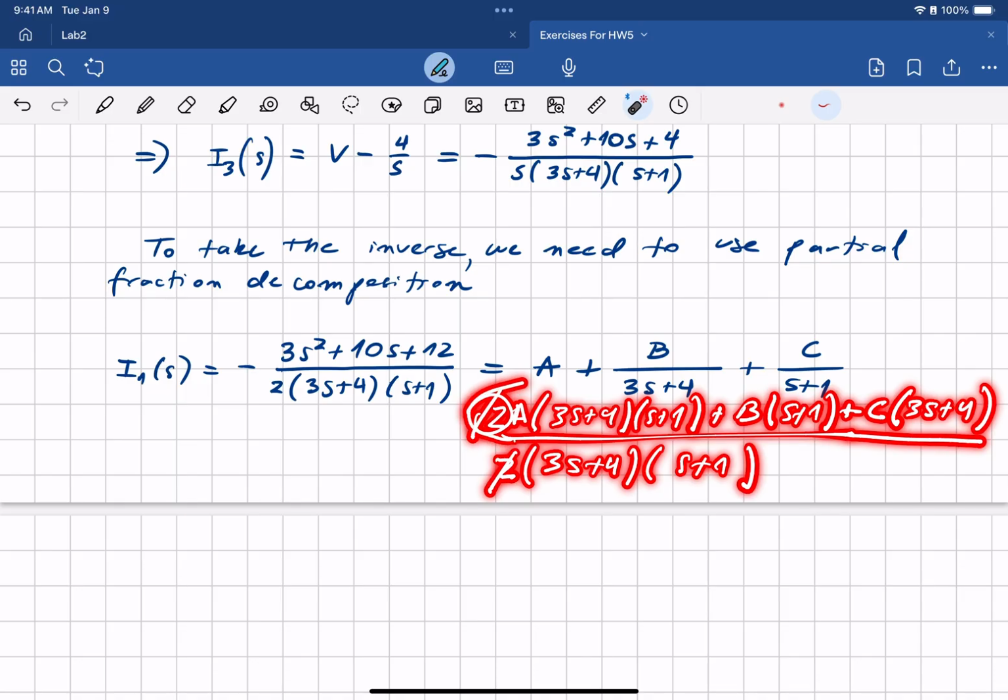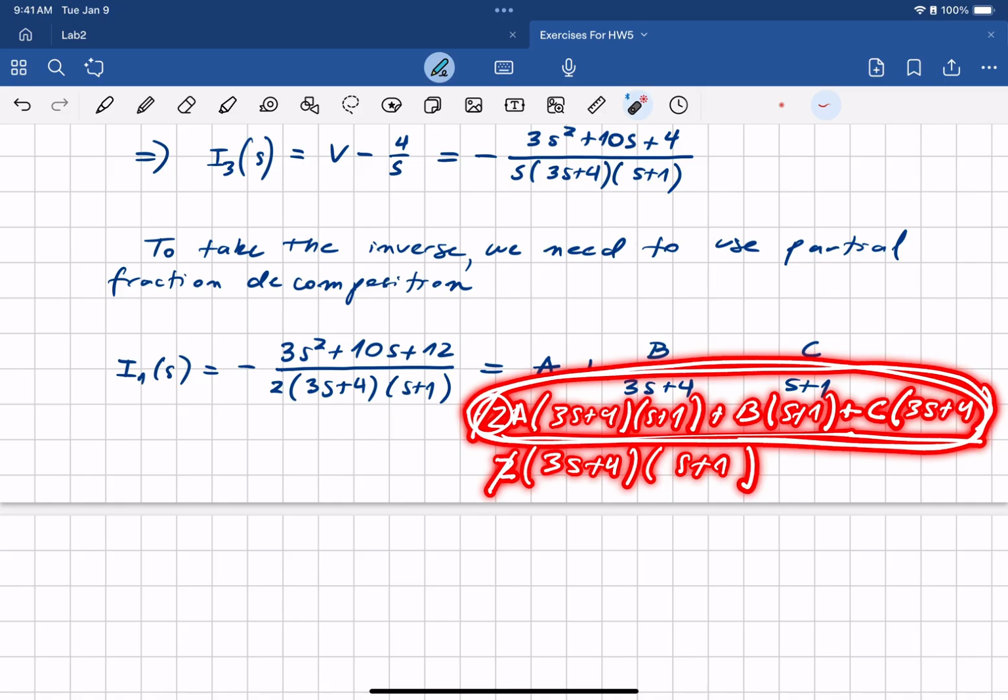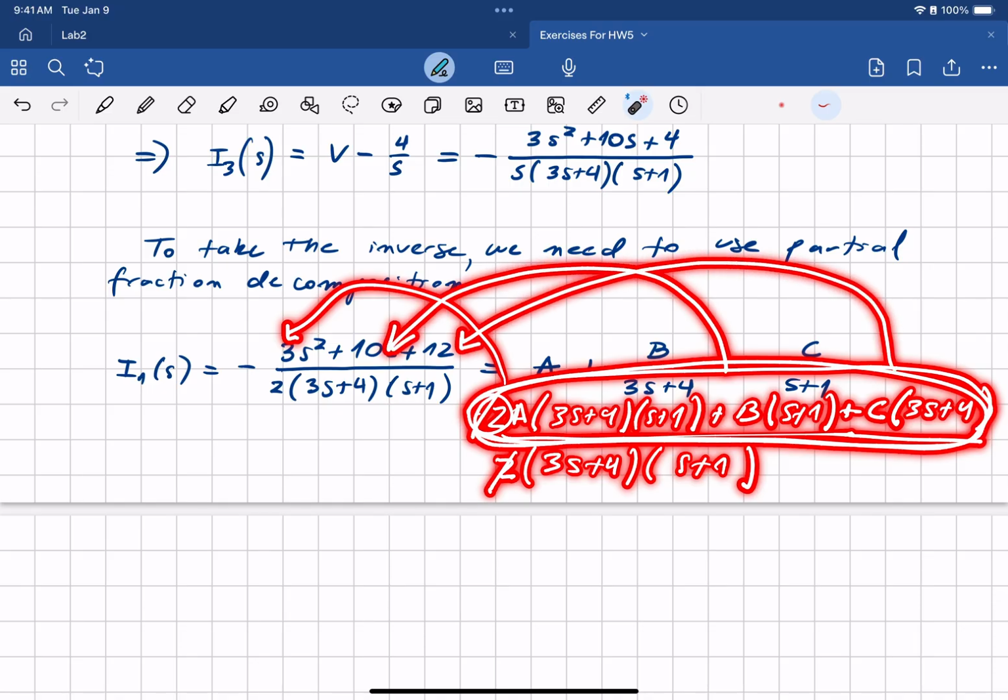So that's the key. We're going to have some numerator that is a function of a, b, and c. The idea is that we equal the part that goes with s squared, with that 3. We equal the part that goes with s, with this one. And we equal the part that is constant with this one.